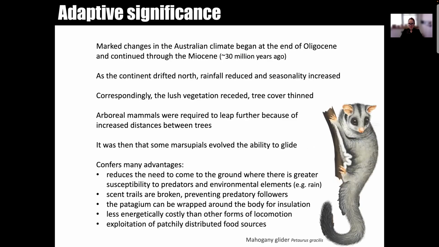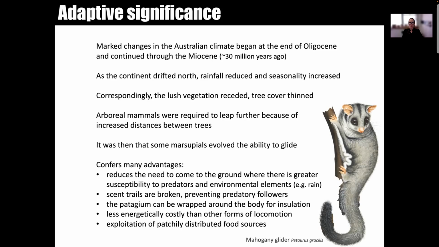So what is the adaptive significance of gliding? So marked changes in the Australian climate at the end of the Oligocene continued through the Miocene. So this is about 30 million years ago. And then as the continent drifted north, there was a rainfall reduction and seasonality increased.